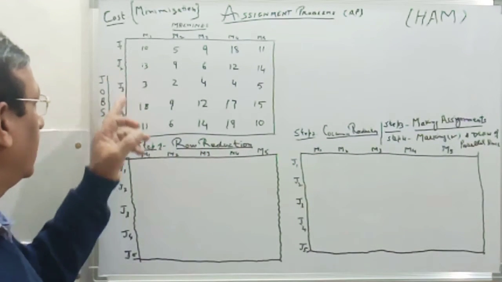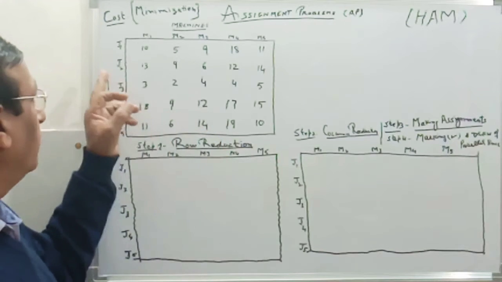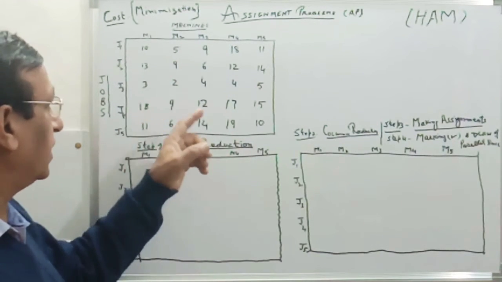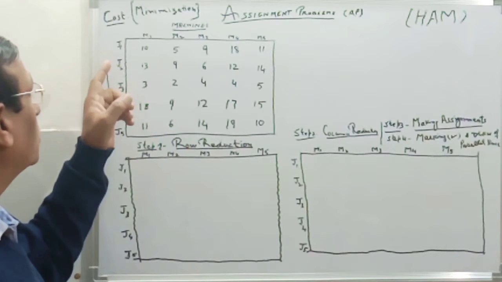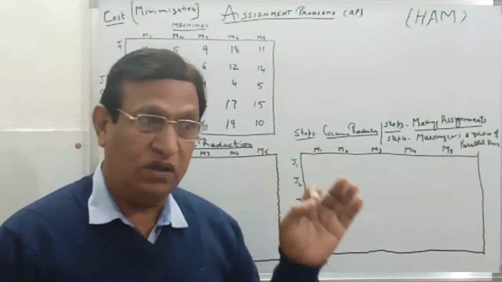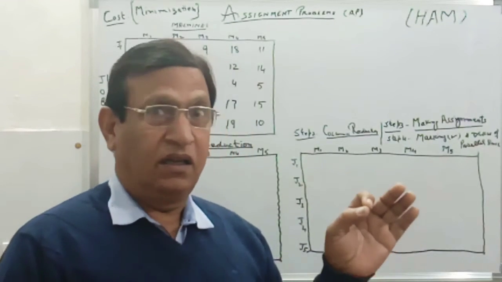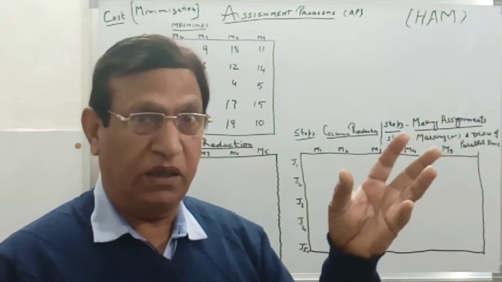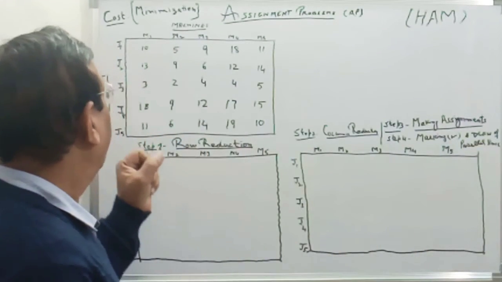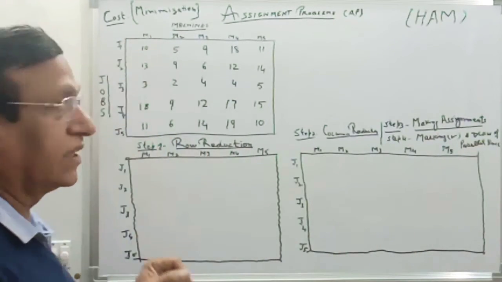Matrix means mathematical form with rows and columns, and the elements written are in the form of either cost or time or profit or sale, different forms of measuring units. So here it is a cost matrix.